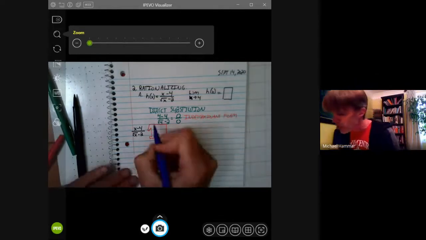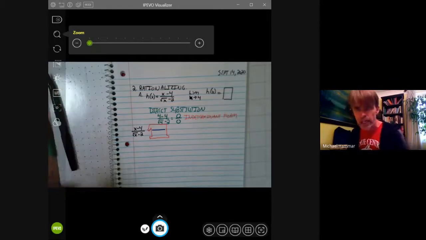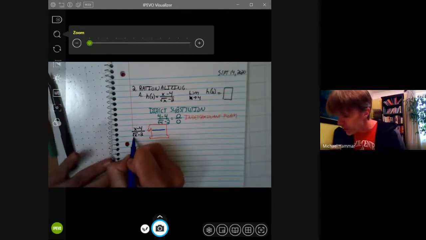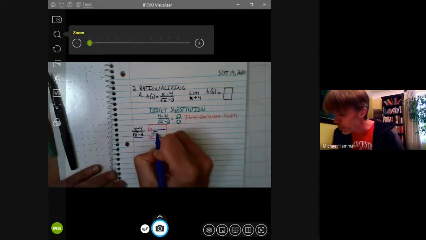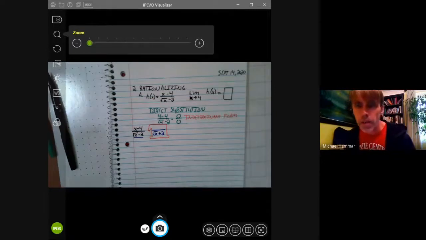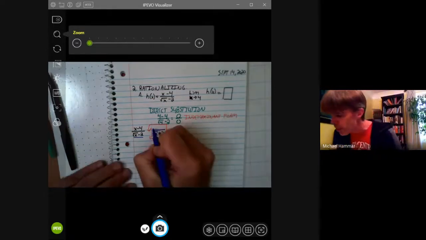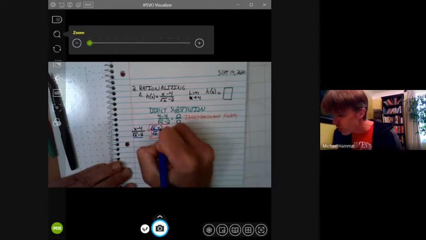Okay? So there is a way that you make this number 1. You have to look at the part that has the square root. So if you take a look here, we have the square root of x minus 2. So to rationalize it, you're going to multiply it times the square root of x plus 2 instead of minus 2. But remember, it has to be a value of 1, so you have to do the square root of x plus 2 on the top.